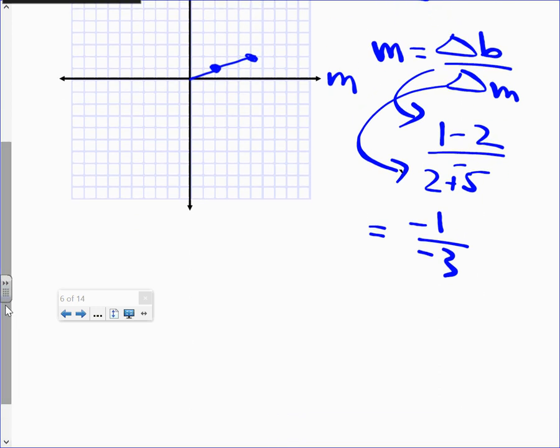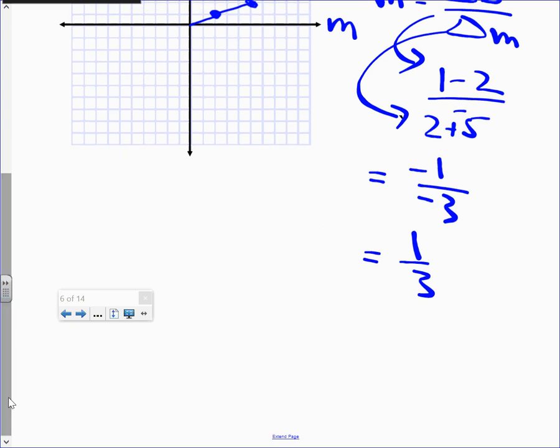Okay, what's going on here? Let's see. So this is going to be a positive 1/3. Talk to me, what? Why? Well, can someone answer that for me before I answer? Well, why would it be positive?